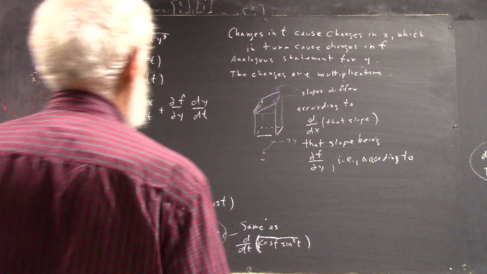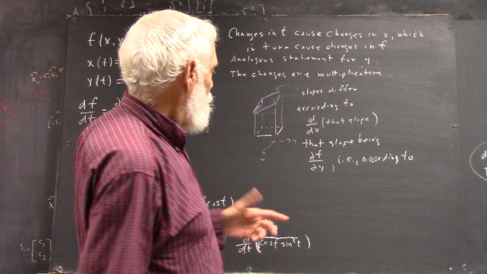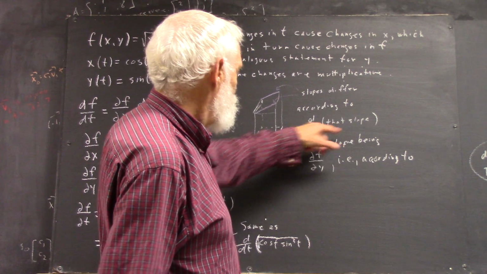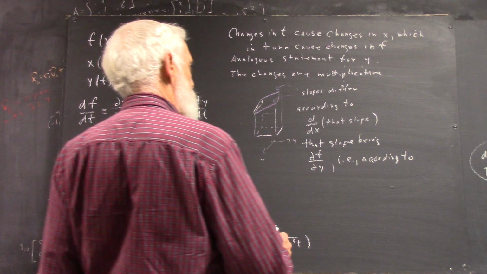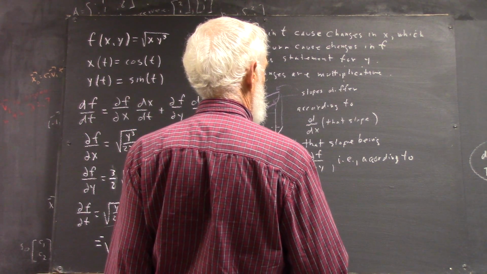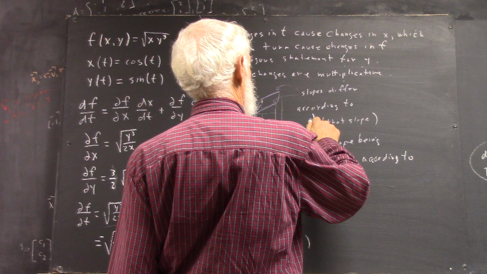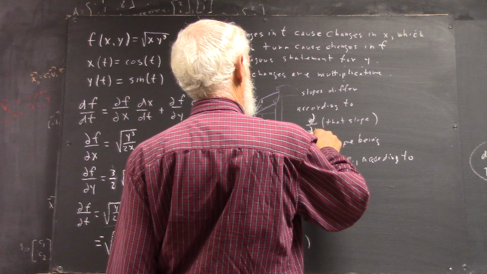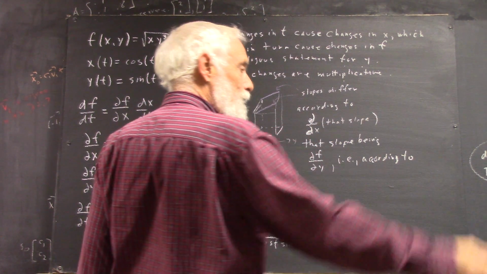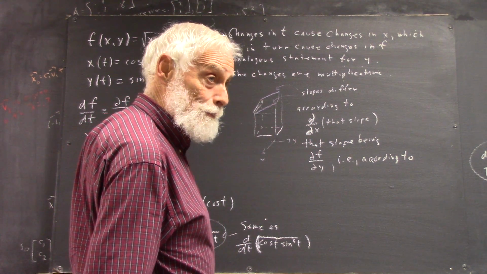Okay. So what's the payoff here? Well, this is the derivative with respect to y, and actually I should have written this as a partial derivative, because that slope is still a function of two variables, okay?